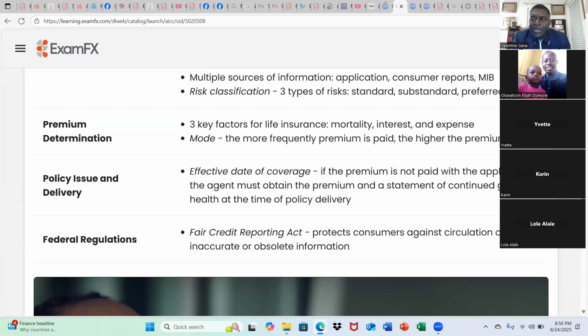Other documents that can be signed at policy delivery, in fact, there are 4 documents that can be signed. There's the policy delivery receipt to show that they've delivered the policy to you. The statement of good health, again, just to show that nothing has changed since you applied. There's the amendment statement. If some conditions or attributes of the policy change while it was going through underwriting, then you have to sign an amendment statement.